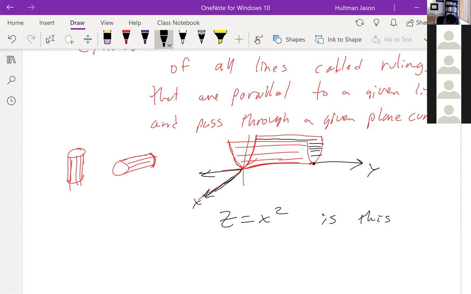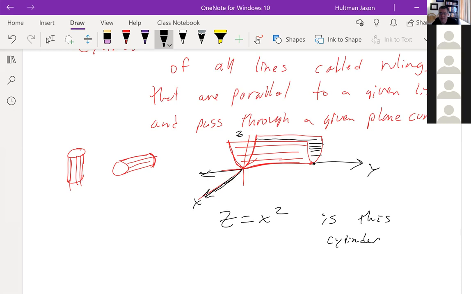Here's z, going up. And so we have z equals x squared. Notice what's missing. What's missing in my equation? Y.